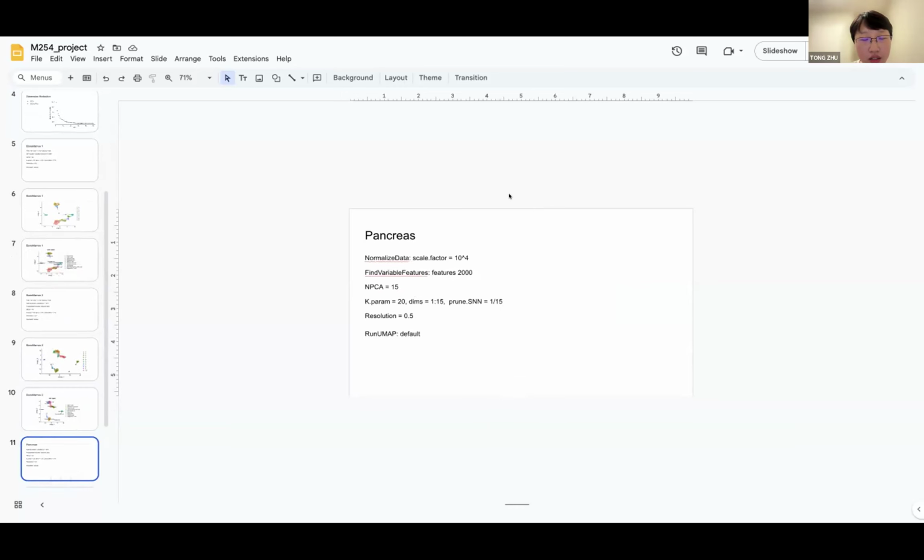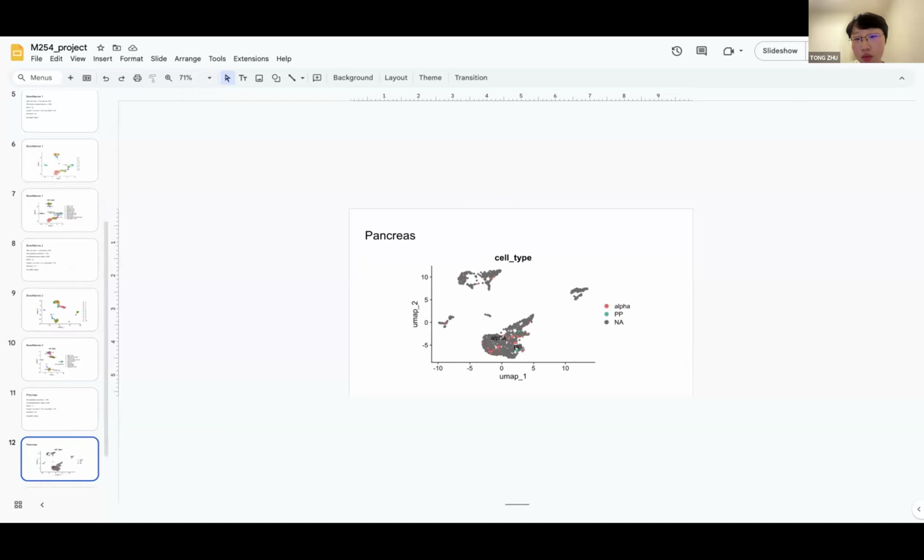And this is the parameter I chose for the third dataset. I tried to figure out whether it contains the alpha and PP cells, but I didn't have a very clear cluster here. I'm not sure whether this is correct or not.